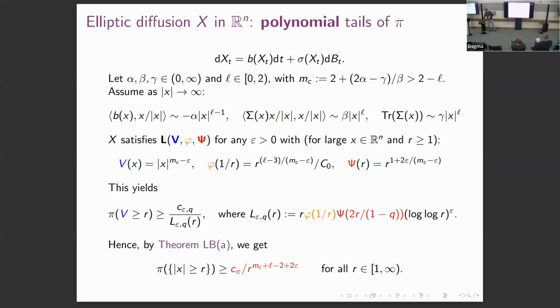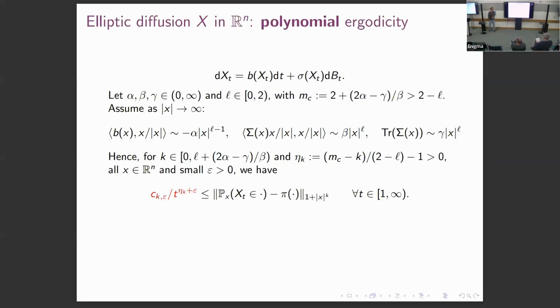And moreover, we get a bound on this general f-convergence towards the invariant measure. In particular, f-convergence is a generalization of total variation distance, which accounts for convergence of moments. And with the case k equal to 0, this recovers a lower bound on the total variation distance.